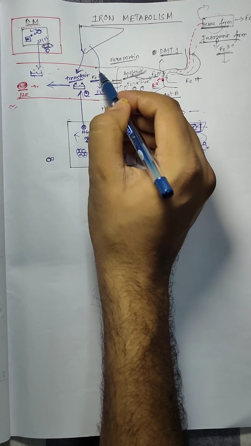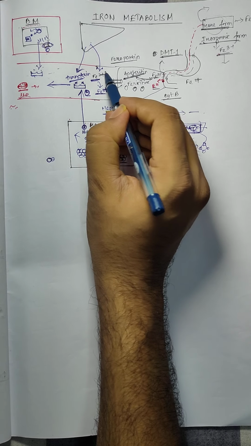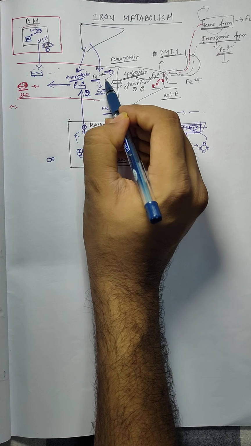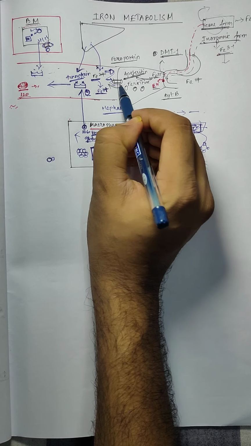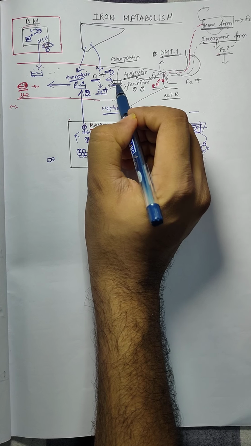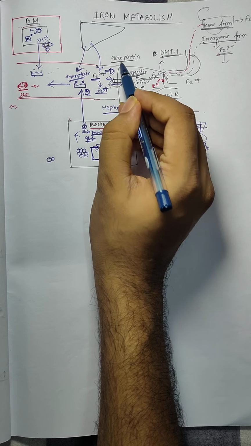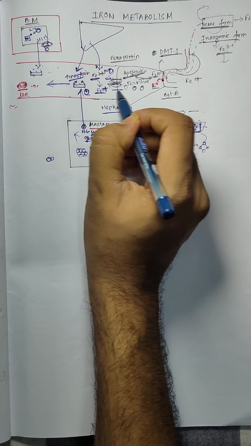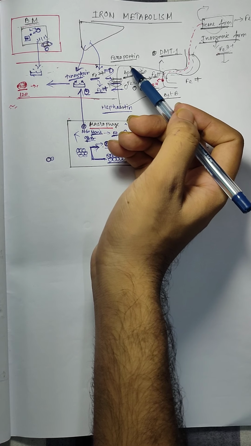This hepcidin is produced by the liver, and it is a molecule which binds to ferroportin. If it binds to the ferroportin, ultimately degradation of the ferroportin occurs, so that is why there is a problem in absorption of ferrous iron.